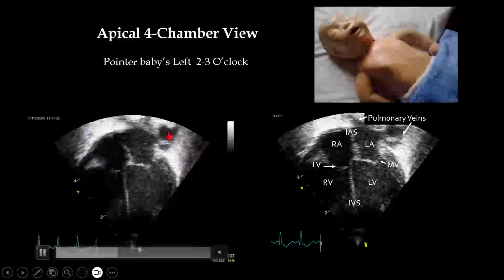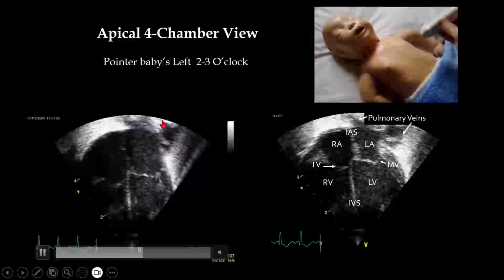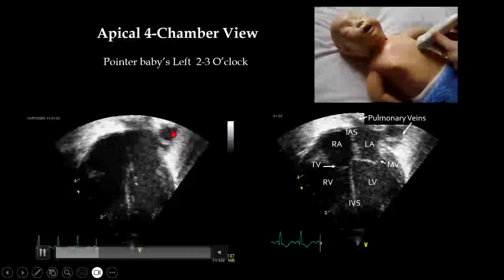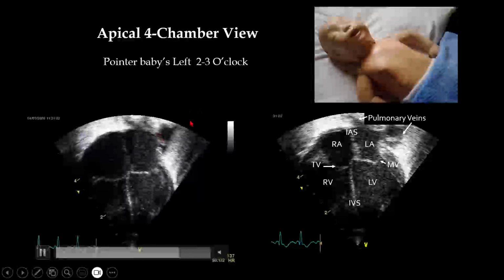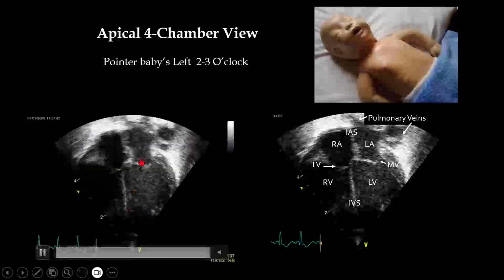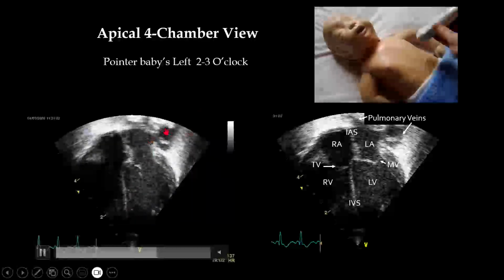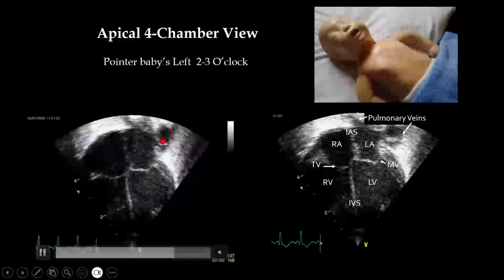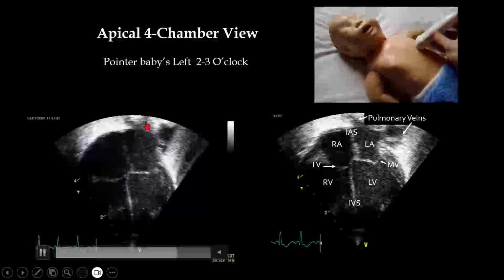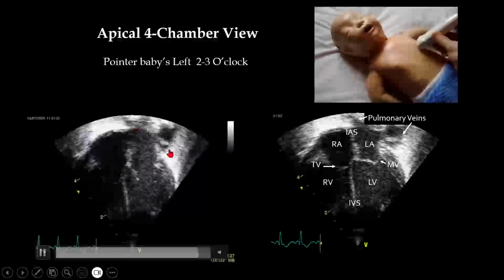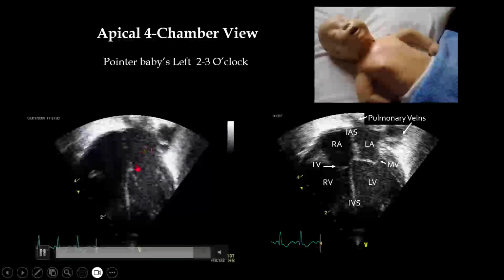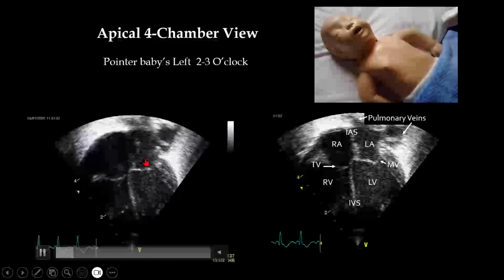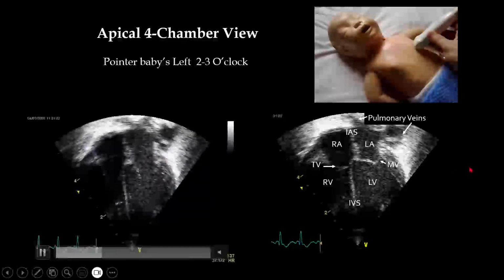Why is the descending aorta seen like this, cut cross-sectionally as a black round structure? I will show you in the animation, because it wraps around the heart and goes down. So when I cut the heart like this, it is seen like this. And I am seeing these three pulmonary veins, 1, 2, and 3, which are entering into the LA. So this is my apical four chamber view.